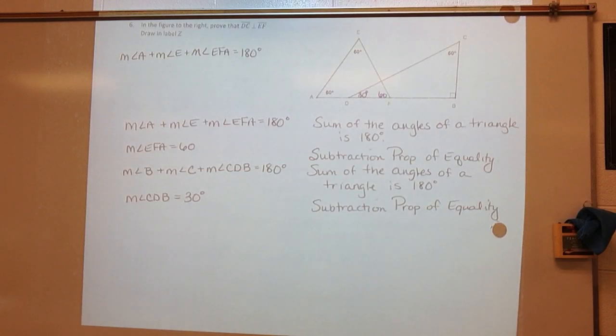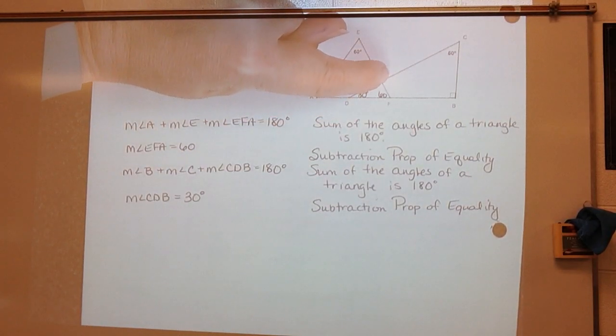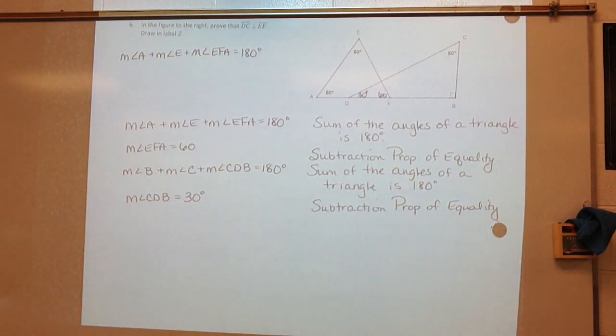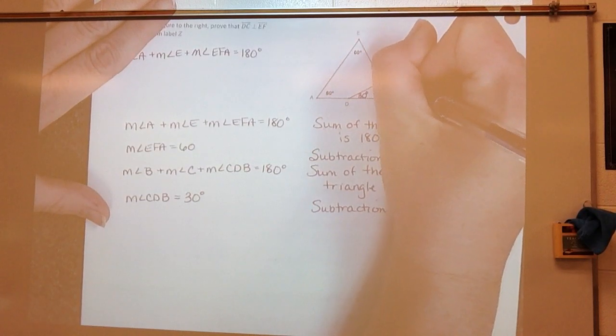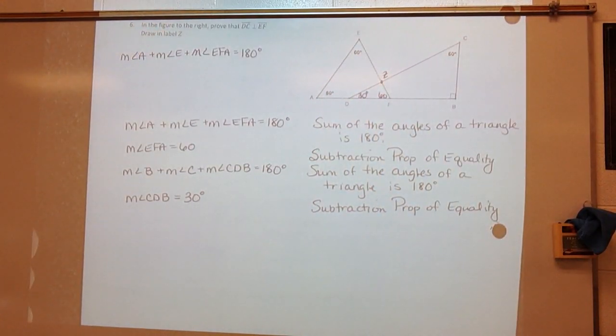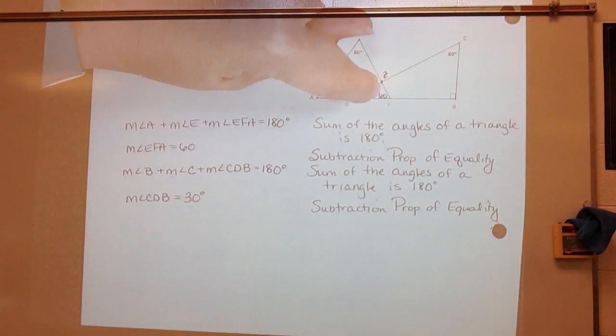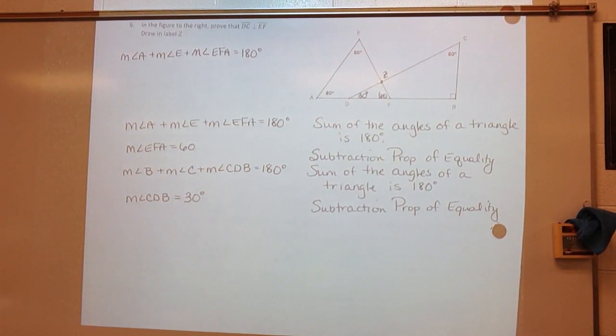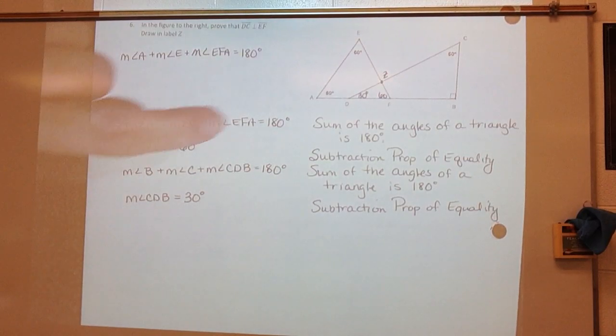Now, let's go back to my goal. My goal is to figure out that there's a right angle somewhere in this part right here. I'm going to label this Z, because I need a point to help me. Now, notice I have a small triangle here. So here's what I know.